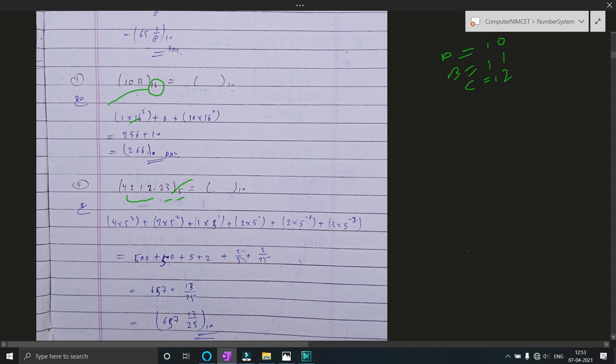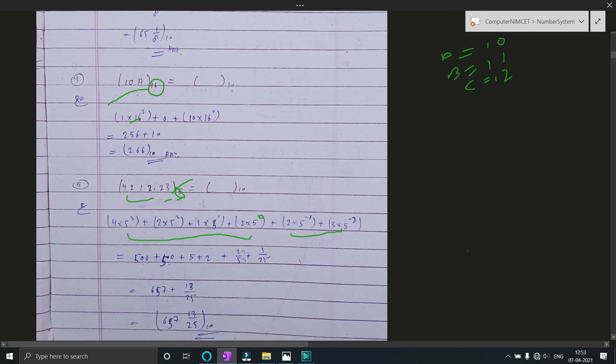So just start solving from 2. First solve this part, and after that solve this part. So 2 into 5 power 0 plus 1 into 5 power 1, and 2 into 5 power 2, and 4 into 5 cube. And why 5 this time? Because the base is 5.